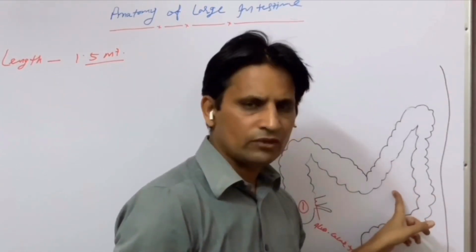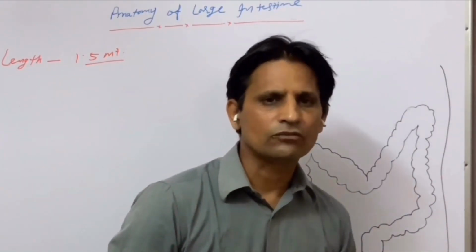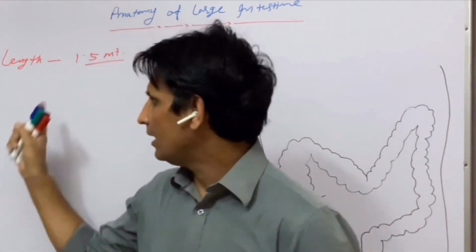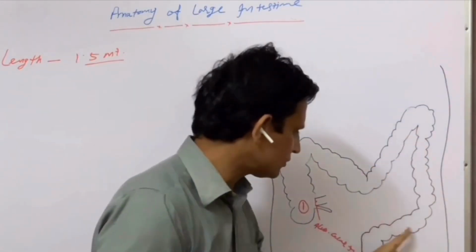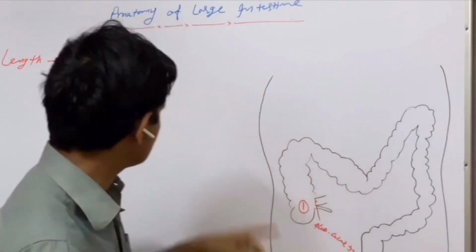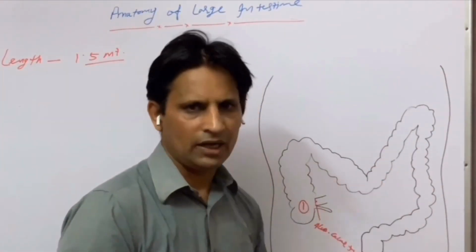The length of the large intestine is actually less than the length of the small intestine, right? So the first thing is the length. Second, what are the main parts of this tube? That is important, and we will discuss the length along with its parts.